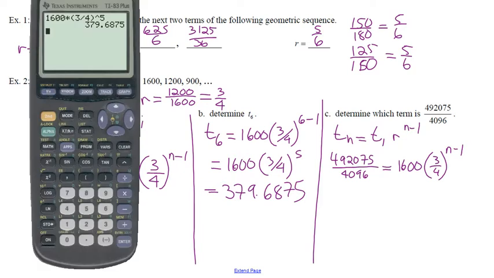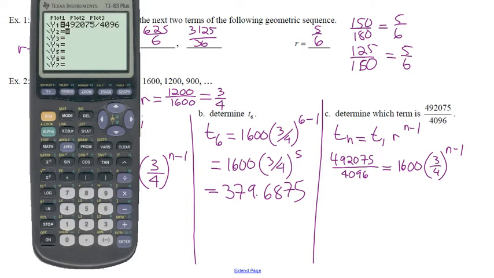I'm going to go to y equals, and I'm going to type y1 as 492075 divided by 4096. And I'm going to hit enter. Okay, so that's y1, my left-hand side.